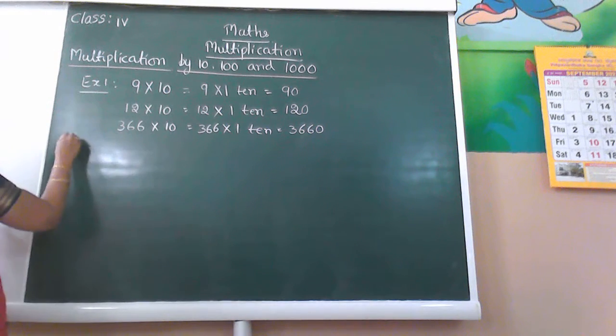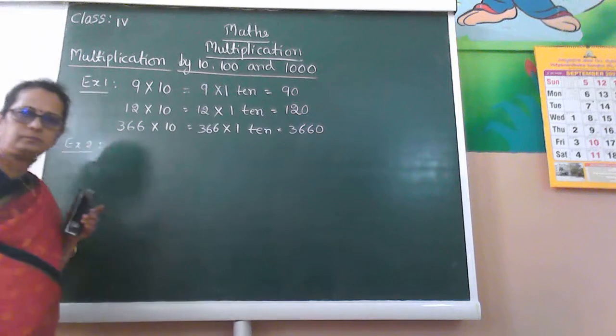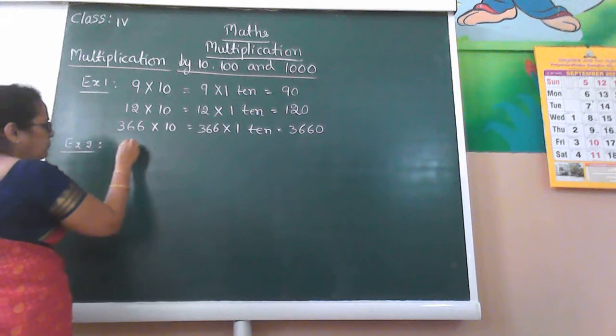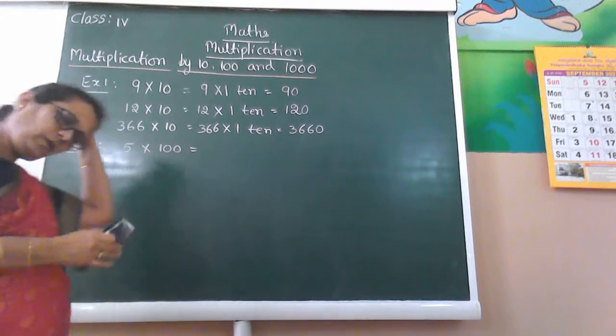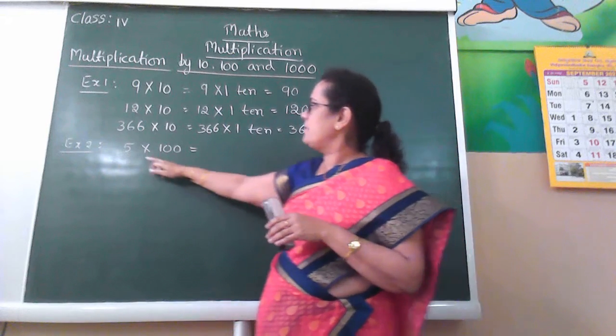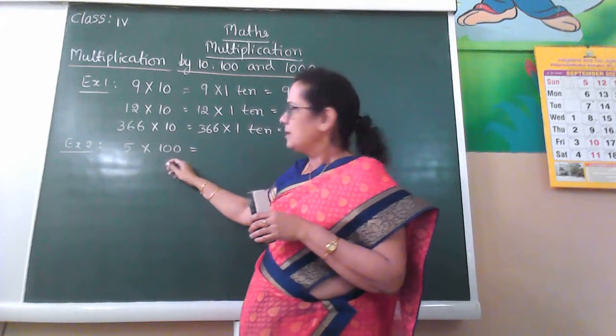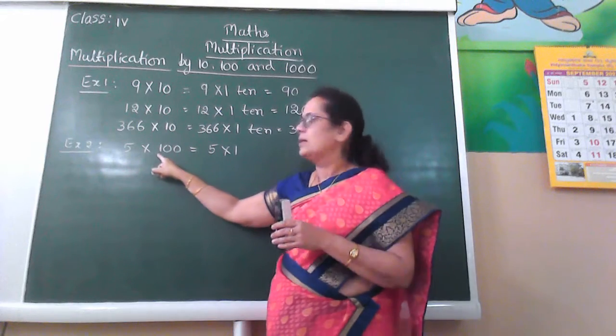In example 2, let us do with 100. Okay. First 5 into 100. I will take a single digit number. So 5 into 100. Here 5 into 1 is in which place?